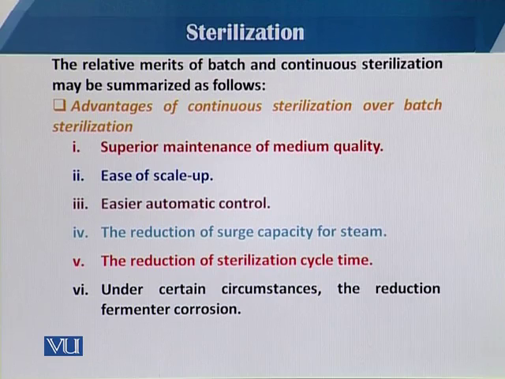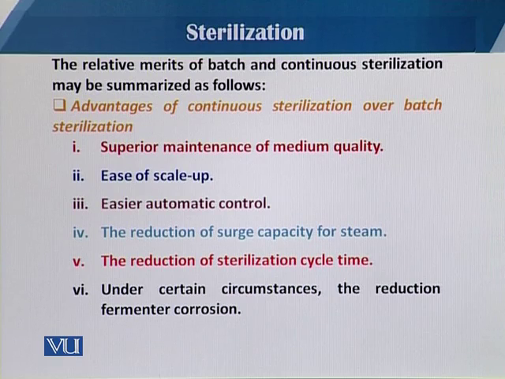What is batch? If we sterilize in batches, having all the medium at the same time, that is batch. If we sterilize the medium in a stream and then gradually feed it into the fermentation medium, that is known as the continuous sterilization process.